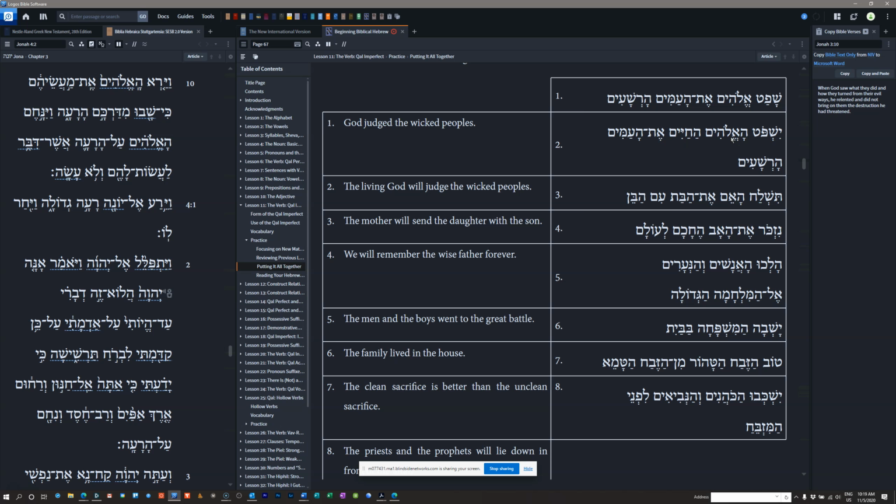How does an attributively functioning adjective get translated? Usually in English, we would translate it with the adjective before the noun. So here it would be living God. Could be the living gods, but it's almost certainly the living God because we've got this singular verb. So the living God. Not God is living.